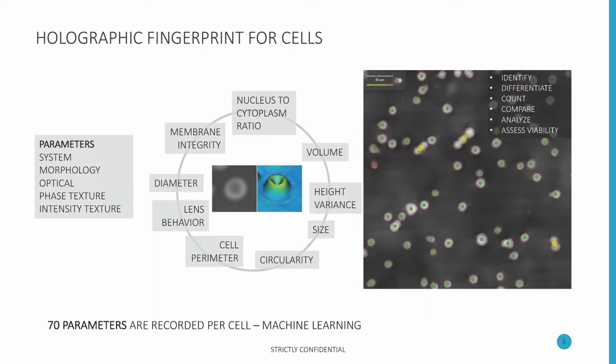Some are really well understood by everybody. Others have a better meaning for the algorithm and for, for example, optics experts. But that holographic fingerprint allows us to really identify cells, also differentiate between two different cell types, differentiate between living cells and dead cells, and so on.